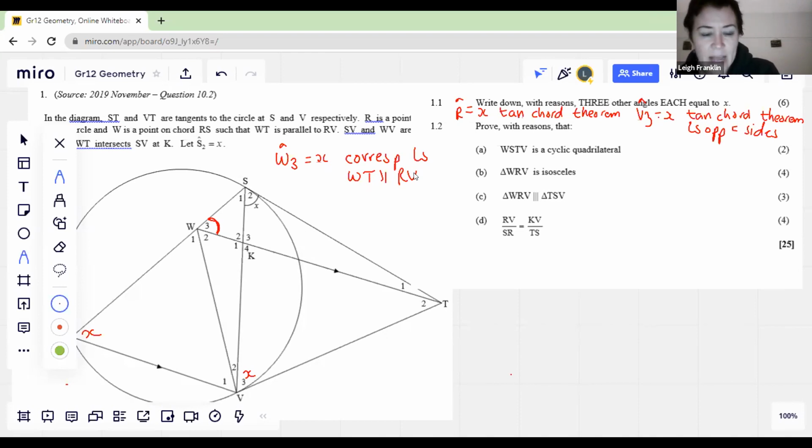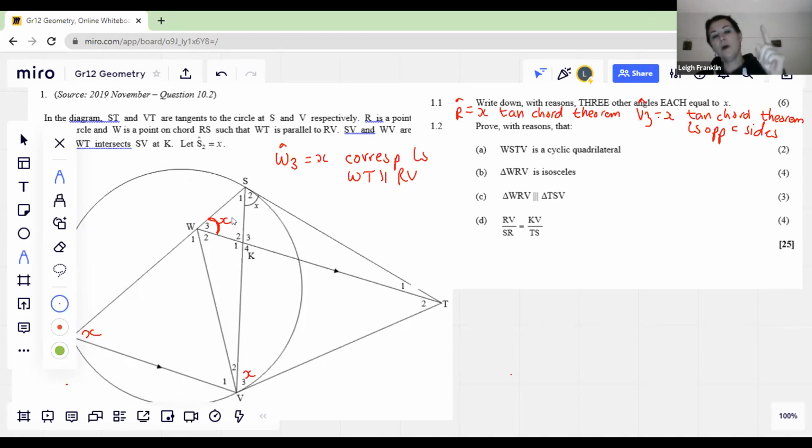Now, Chad, now we want to prove that WSTV is a cyclic quad. Okay, we know that that angle is X. So look at it from this perspective, Chad and everybody else.